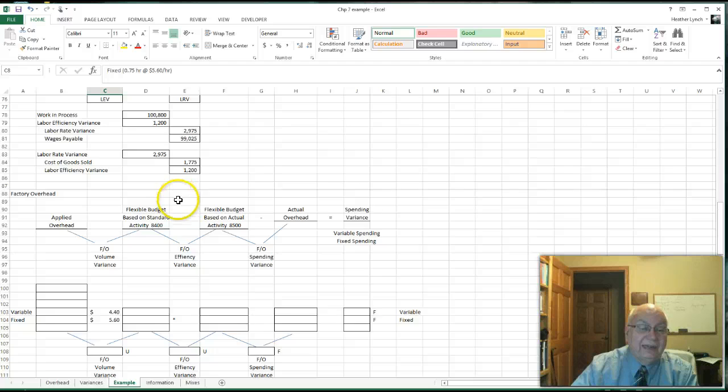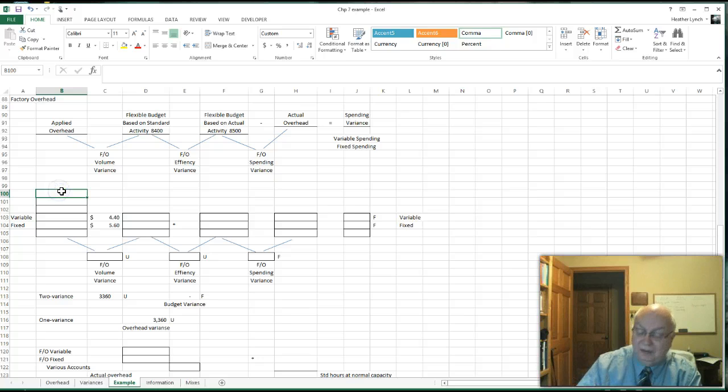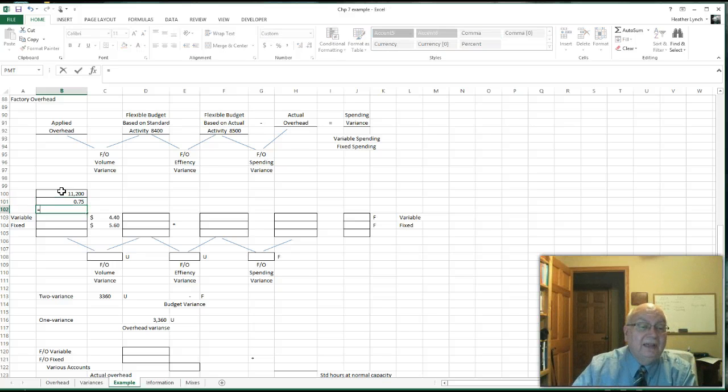So we'll come down here. We've already done that. And I already typed these in here. So that's the variable and that's the fixed. So what we have here, our actual production was 11,200 units. It takes 0.75 hours. So our standard activity should be 11,200 times the 0.75, or 8,400. Okay.